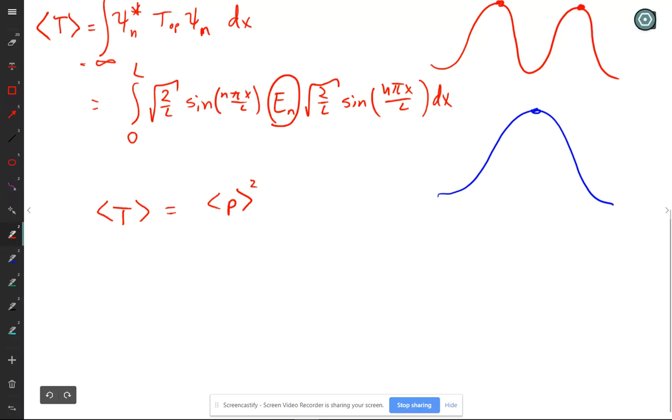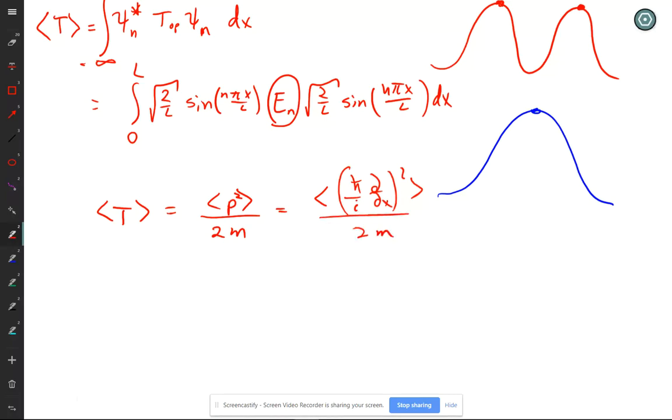Let's see, P squared over 2m, the expectation value of P squared over 2m is equal to the expectation value of, there. I've expanded the operator for momentum. And so now we can do this.